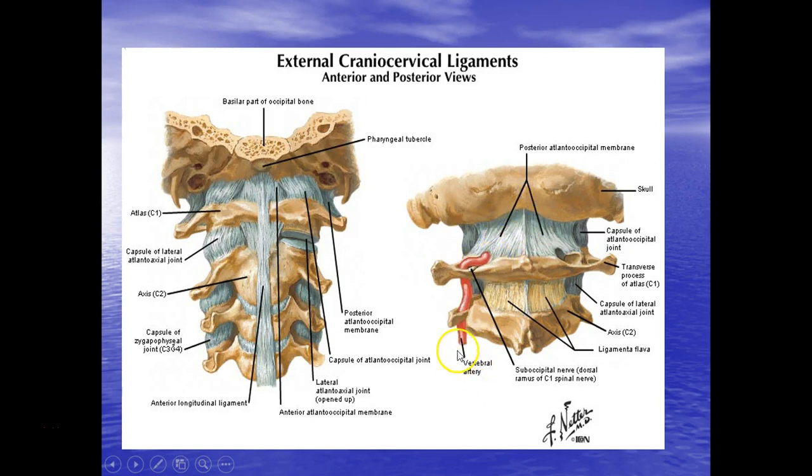And another interesting thing you can visualize here is the vertebral artery coming up through the transverse foramina of C1, and then it turns slightly posteriorly and penetrates through the posterior atlanto-occipital membrane to gain access to the vertebral canal, where it will then run upwards, and it's part of the blood supply to the brain.